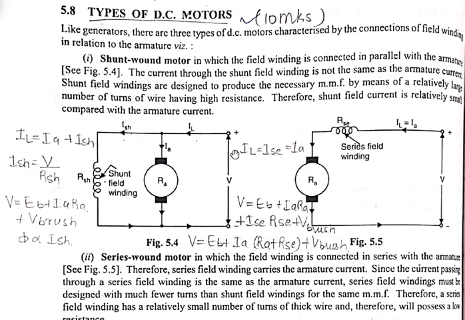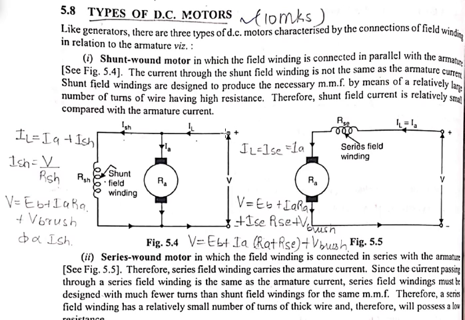Now how to represent the voltage? In case of a motor, we should start from the terminal side. V is equal to whatever the applied voltage, it supplies all the voltage drops. So what are the different voltage drops? V is equal to, we have the terminal connecting leads.